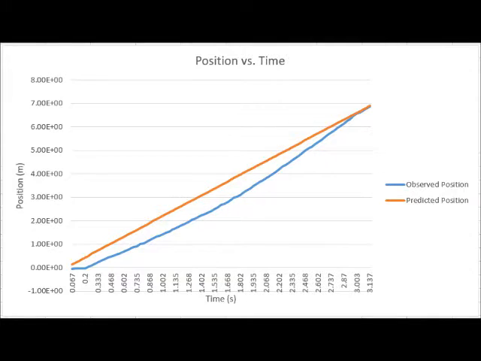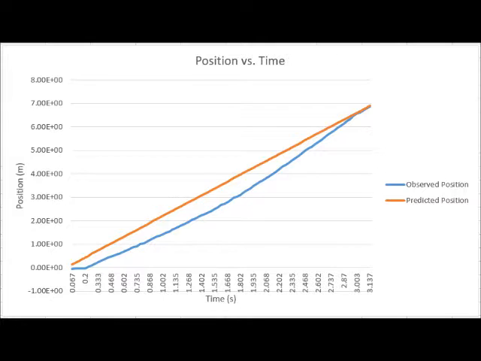While running the program, the graph looked similar to the observed position versus time graph, but not exactly the same. I graphed both the observed position versus time data and the predicted position versus time data on one graph using Excel in order to make a better comparison.